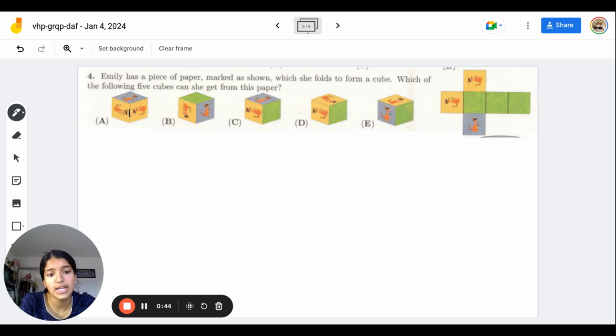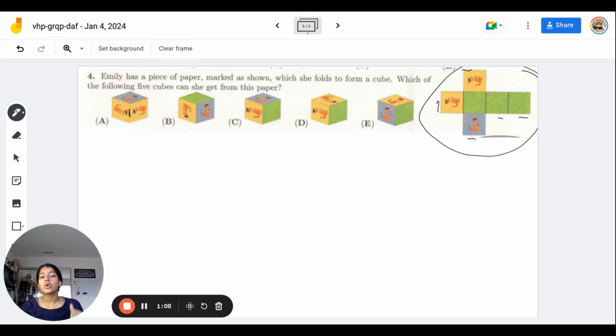So we're going to see how we could fold this piece of paper to look like a cube. So for this, we would just fold up these sides, and then we would have to fold this twice. And then you would have a cube kind of with the green on the bottom and the green on the top. But because this is a logic problem, you can kind of tell that they're flipping the cube around.